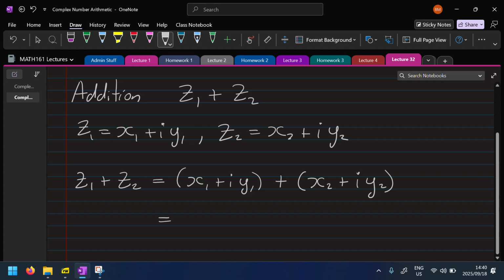Now how do we add them? We take the X1 and the X2. Those are two real numbers, and we know how to add real numbers, so we do that: X1 plus X2, plus what's left over, iY1 and iY2. We can factor out the i and then add the real numbers.